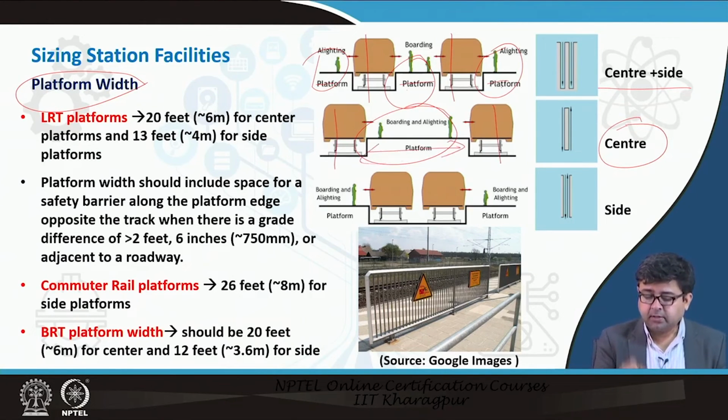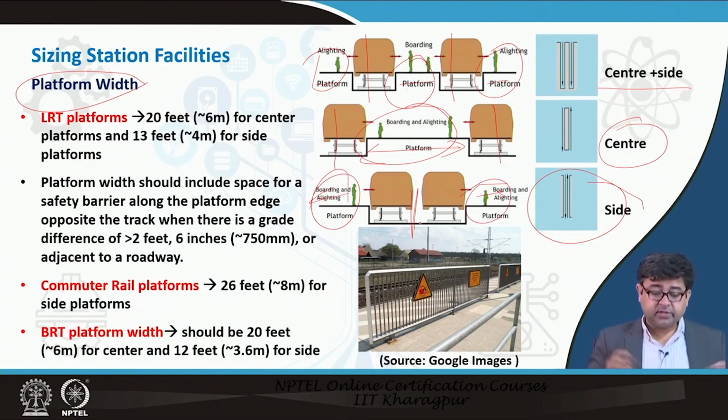And versus if you have only side platforms on either side and no center platform, then your width is different. So all of these have to be thought about for your particular station, and you have to design it accordingly.